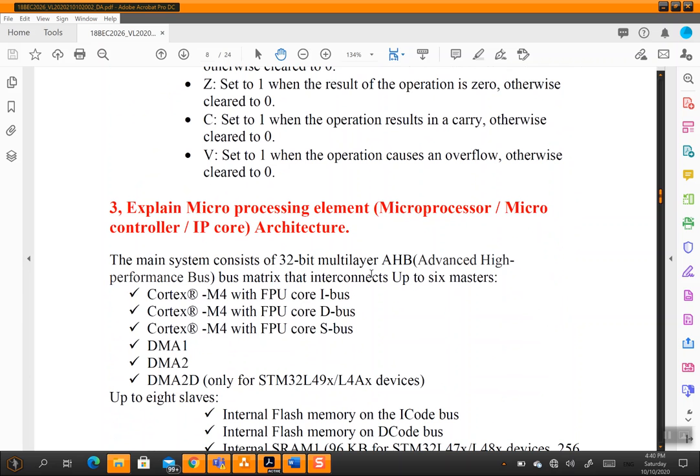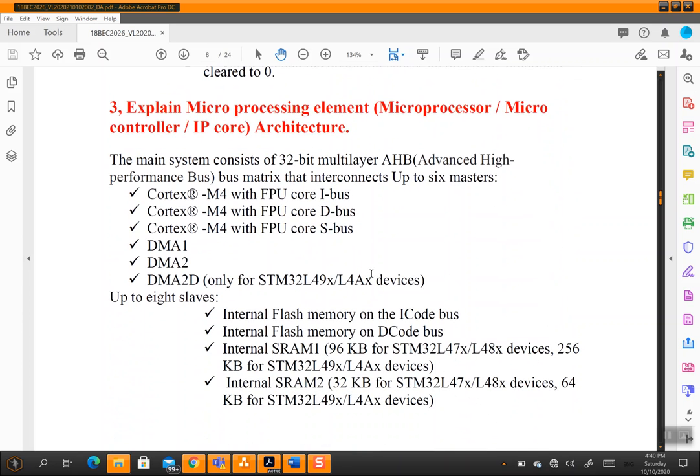The next question explores the microprocessing element architecture. The main system consists of a 32-bit multilayer AHB, or Advanced High-performance Bus, and the bus matrix that interconnects up to 6 masters. The 6 masters include the Cortex-M4 with FPU core, I-bus, and so on. I'm going to explain this later.